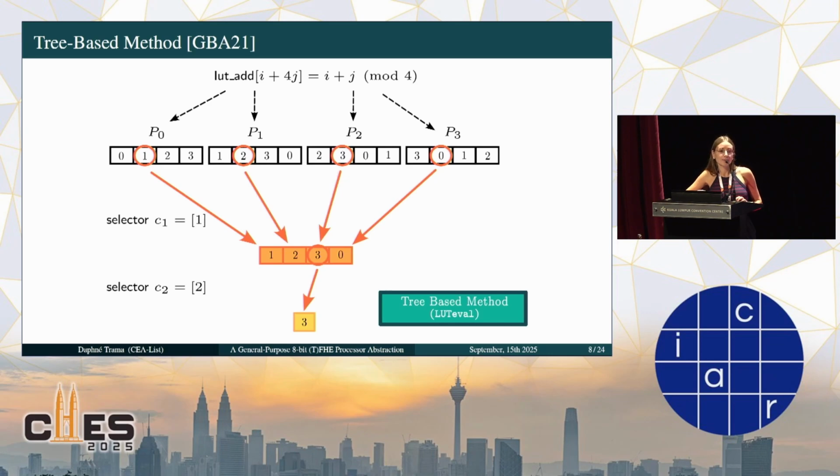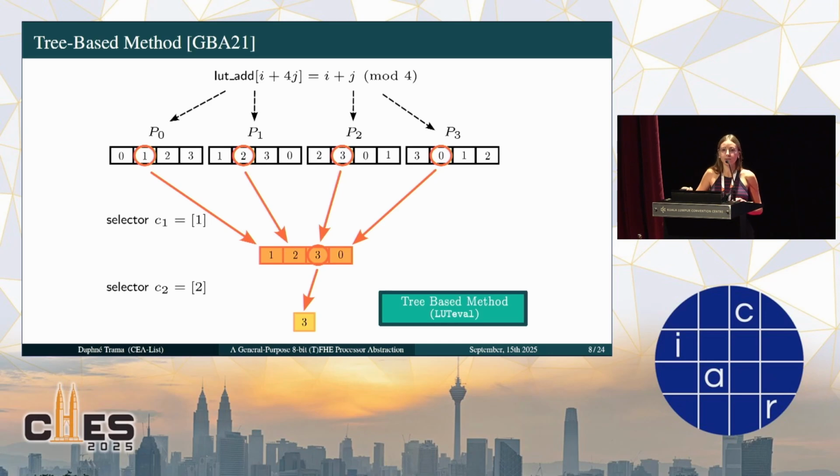And then we divide this lookup table into 4 polynomials, P0, P1, P2, and P3. And you can see that P0, in fact, encodes a univariate function, which is +0. And P1 is +1, and so on.